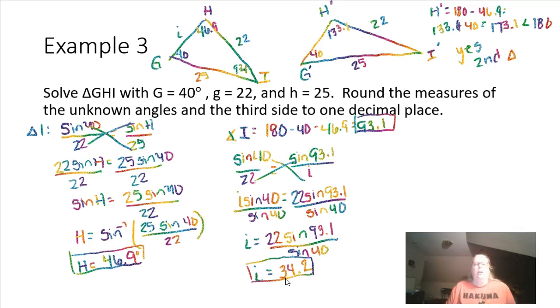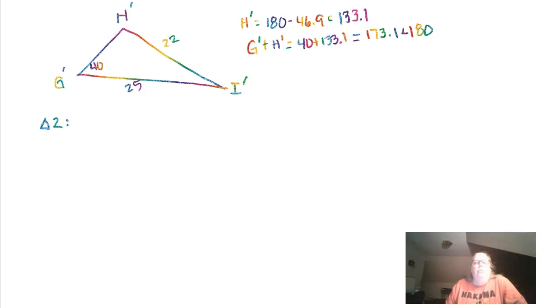Okay, now let's go work on triangle number 2. All right, so here is our obtuse triangle with our given information marked. We still have G being 40, side G being 22, and side H being 25. And now we found H prime. We said this was going to be 133.1. H prime is 180 minus 46.9, which is 133.1.